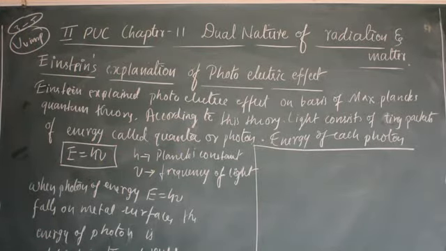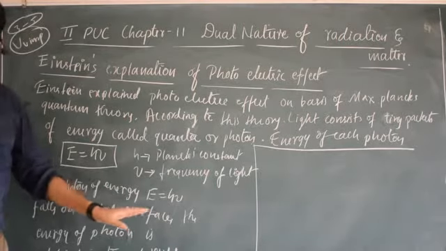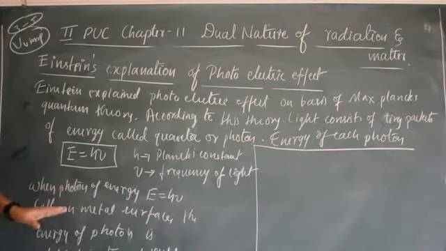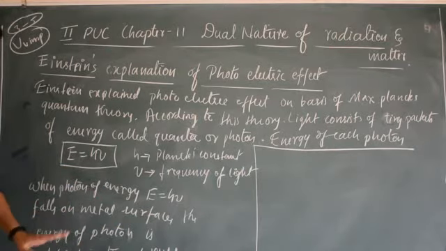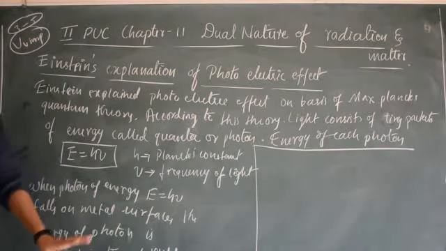Next, he starts explaining, Einstein. When a photon of energy equal to h nu falls on a metal surface, the energy of the photon is utilized in two ways.